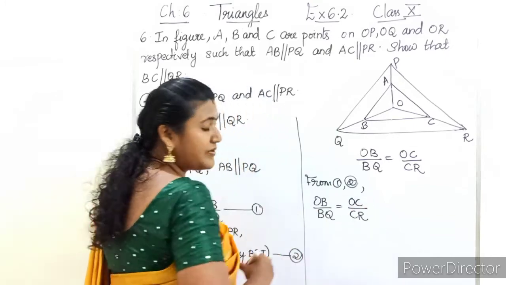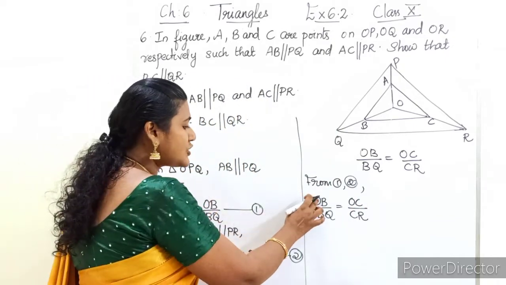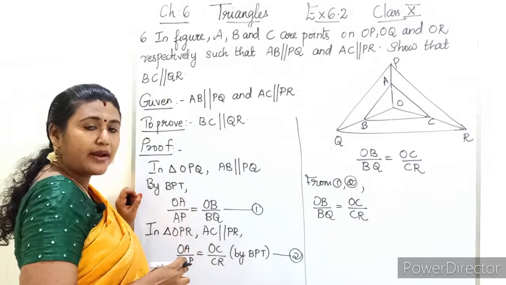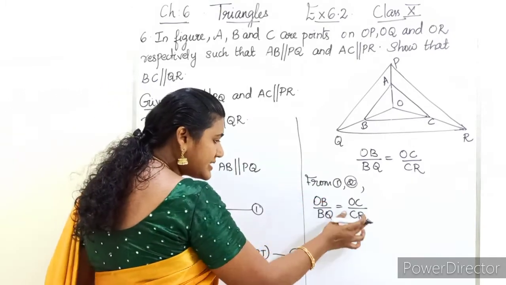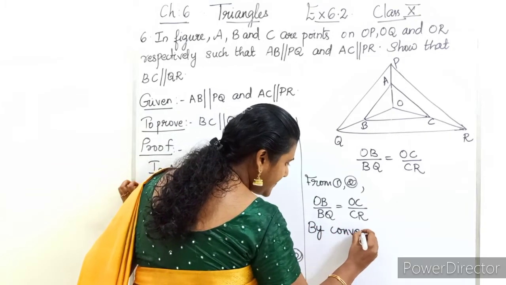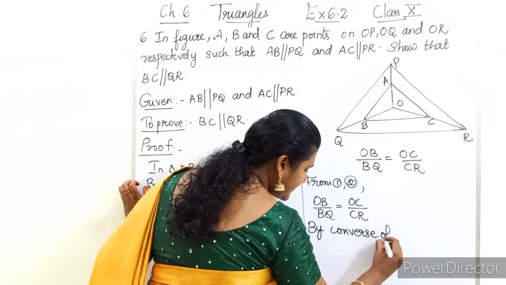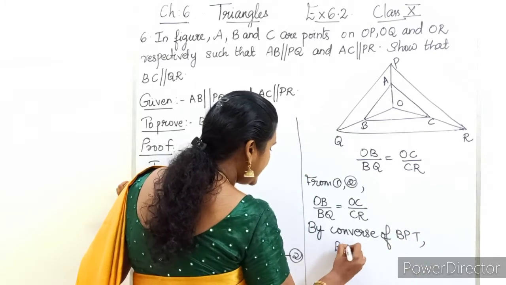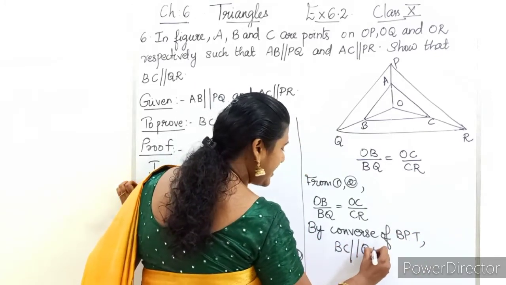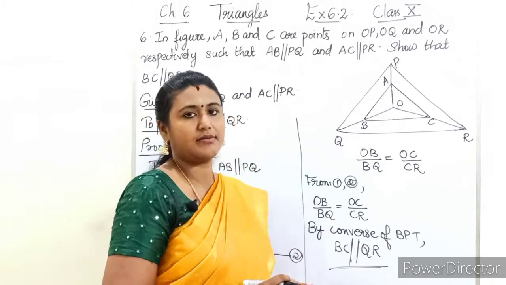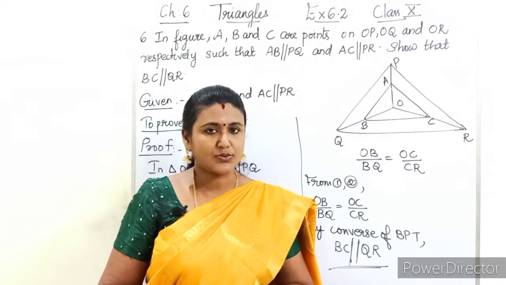So this is the condition required for proving these two, BC and QR, are parallel. Since we got this condition, by converse of basic proportionality theorem, we can write BC is parallel to QR. So we got the condition BC is parallel to QR. Clear? Now we will see the next question.